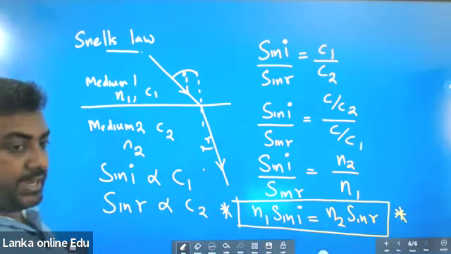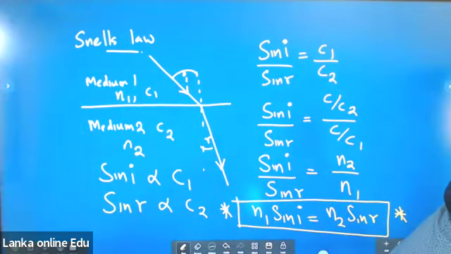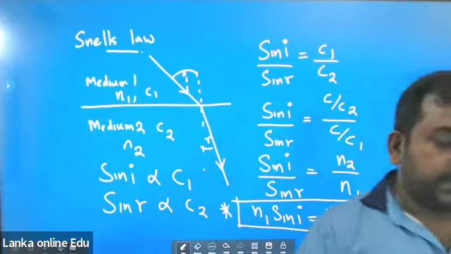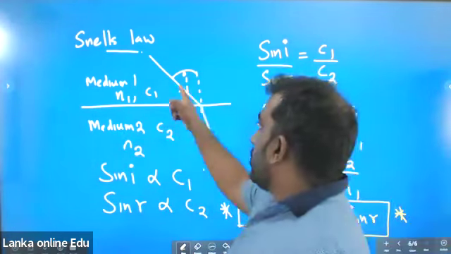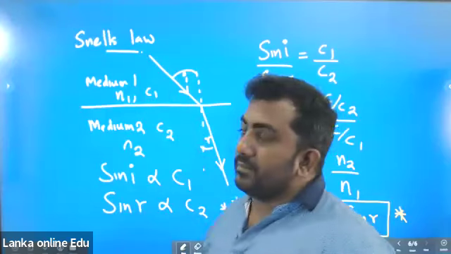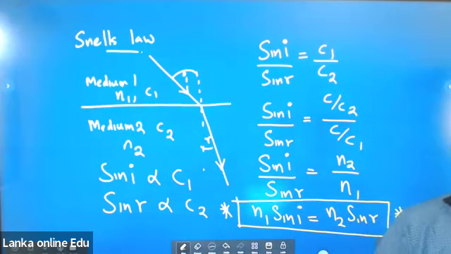Snell's law states that the sine angle made with the normal is directly proportional to the speed of light in the medium.